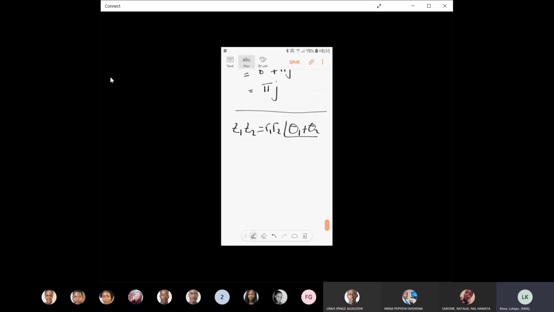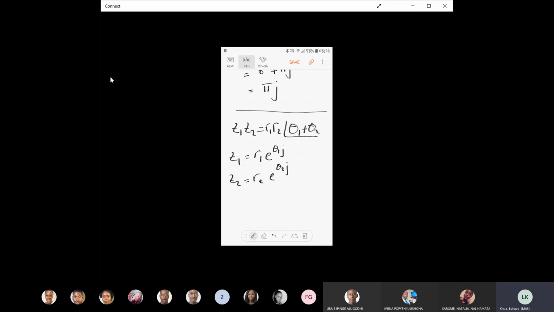This was the formula using De Moivre's theorem. Now in your book it says prove or confirm that this is true using the exponential form. So here I will just rewrite z1. z1 will be equal to r1 e to the power of theta 1 j, and then z2 is r2 e to the power of theta 2 j.